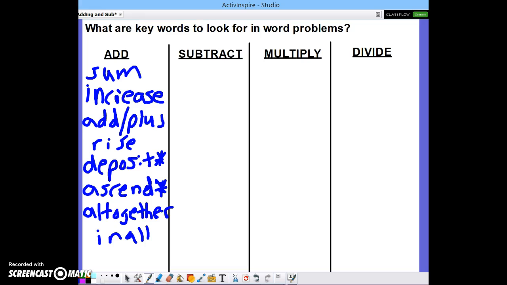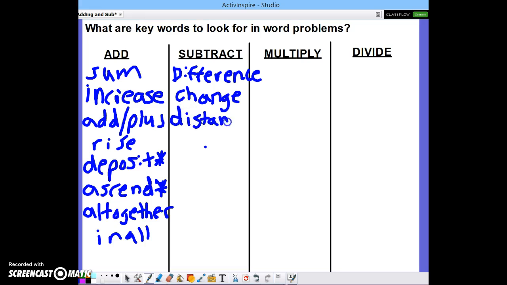All right, subtract. Difference. And again, I apologize for the stylus. The change, anytime you're looking for the change, you subtract. When you're finding the distance between 2 points, and that's very important on the number line dealing with those temperature questions.